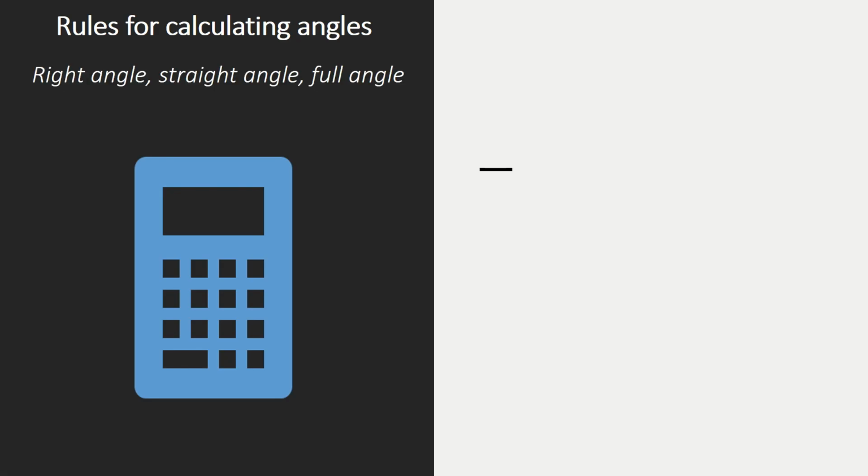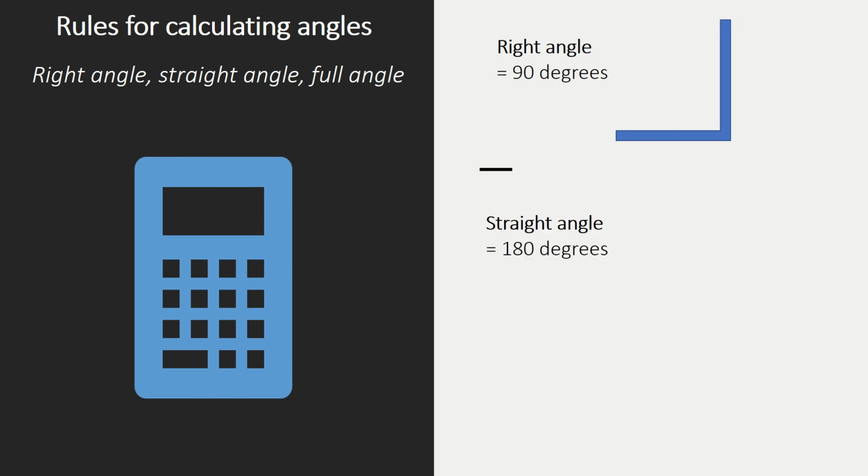So we're going to have a look at the right angle, straight angle and full angle, because what is it again? A right angle is an angle with 90 degrees. And it looks like this. A straight angle is an angle that is 180 degrees and it looks like this. So it's basically a straight line.